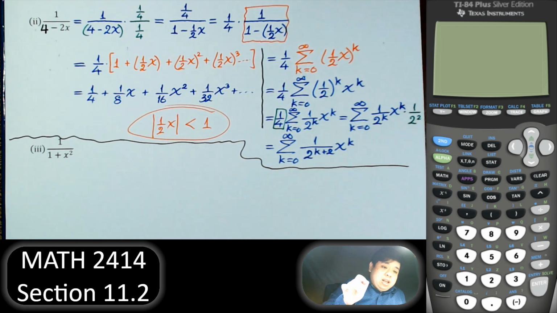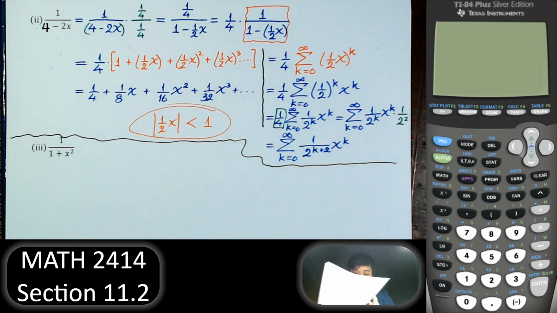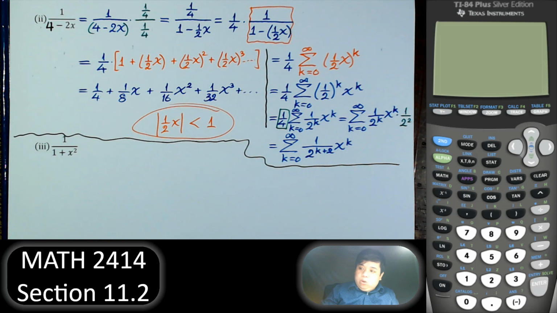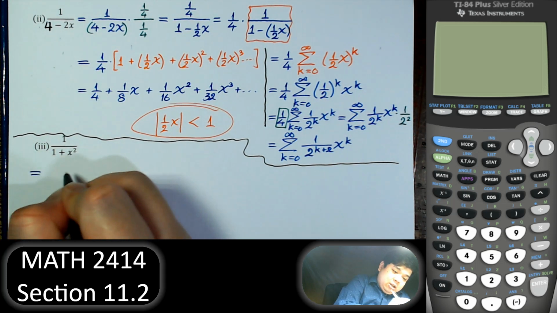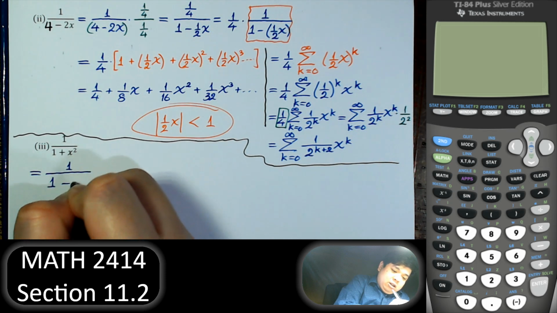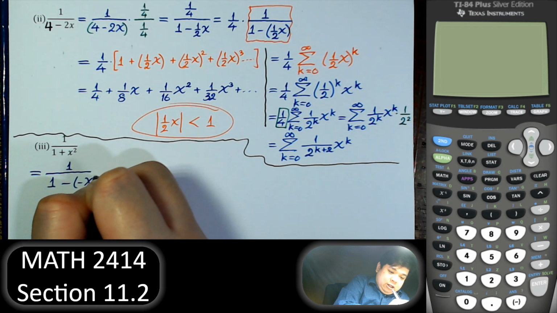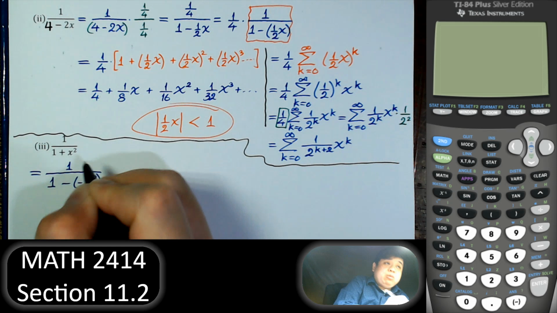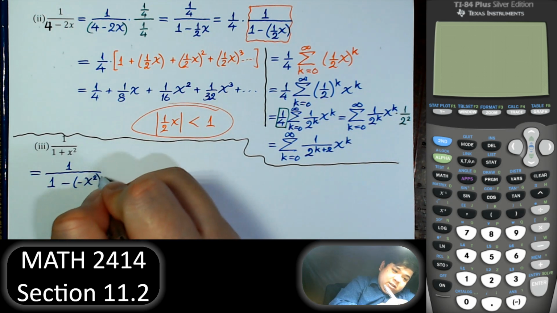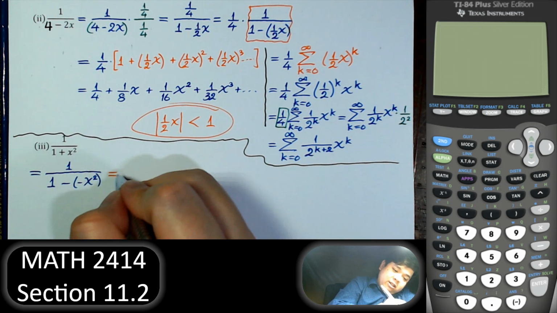Notice that the only thing we can combine series now is using the geometric series. So for the geometric series, we need to write this as 1 over 1 minus negative x squared. So it always has to be 1 minus something. And in that, we can write it as the geometric series.